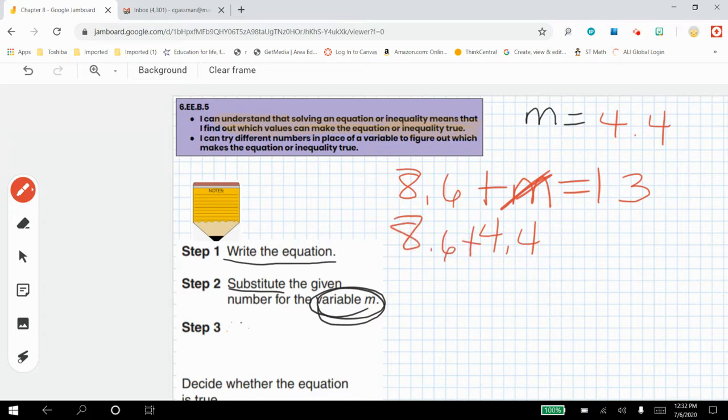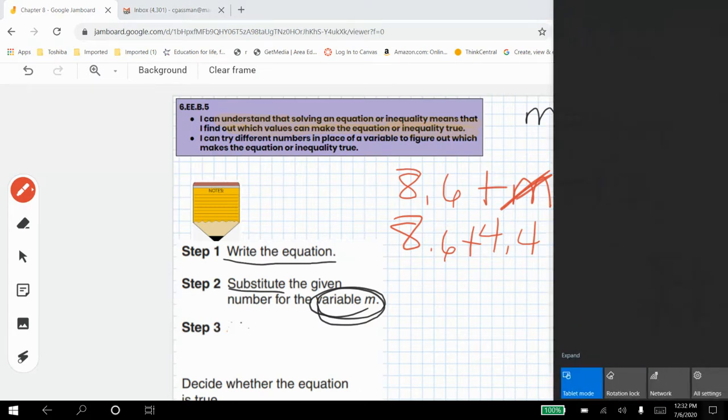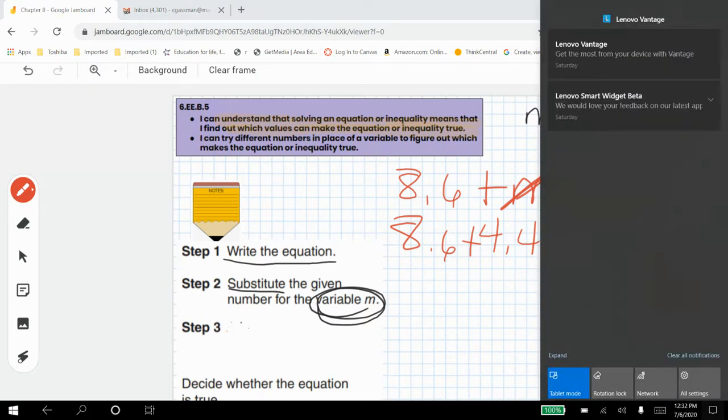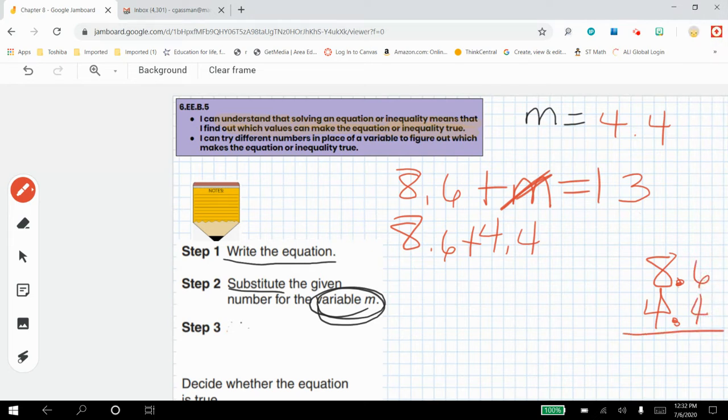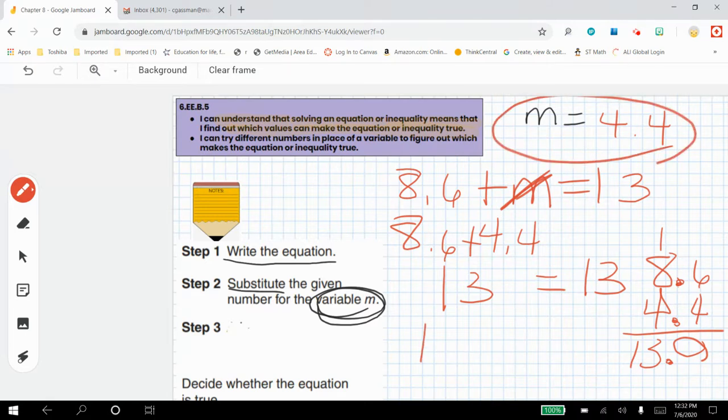When we add those together, I get 0, add a 1 over here, I get 13, and bring my decimal straight down. So this side is equal to 13, and this side is equal to 13. So this is a solution.